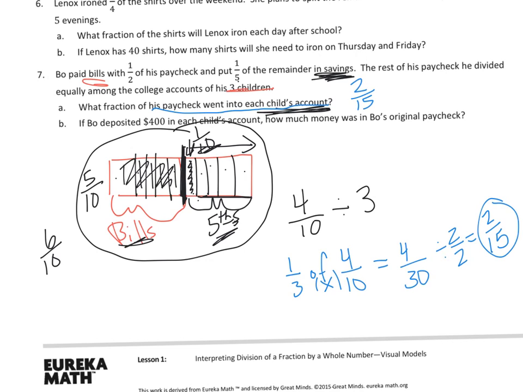Now for B, if Bo deposited $400 in each child's account, how much money was in Bo's original paycheck? So for this one, we know that 2/15 equals $400.